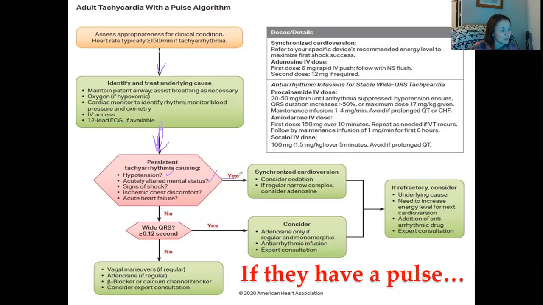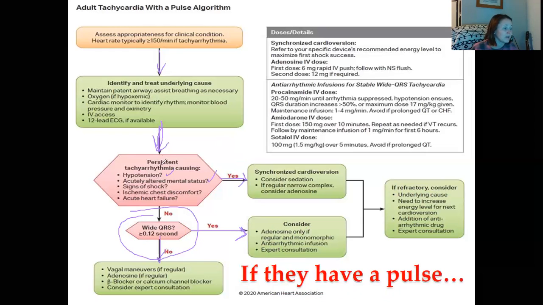So this time we're going to need to go this way. So this is going to be the same. Remember, this is the same algorithm that we looked at with narrow complex. It just has this down here that changes, where if you have a wide complex, then you have to look at things a little bit differently than you would down here if it was narrow complex. But this part is the same.